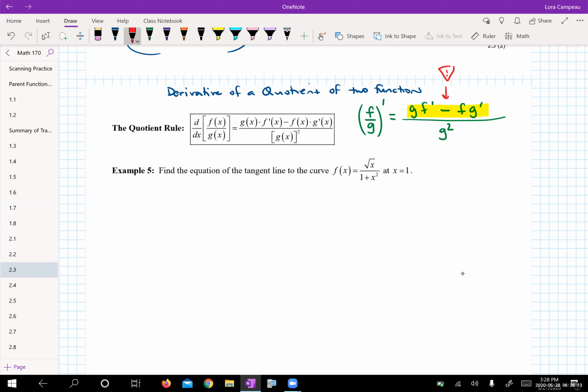So I'm going to apply the quotient rule to a problem we've been working on throughout the first part of chapter 2, finding the equation of a tangent line one more time. Things don't change with the ability to find the equation of the tangent line. We still need the point of tangency.